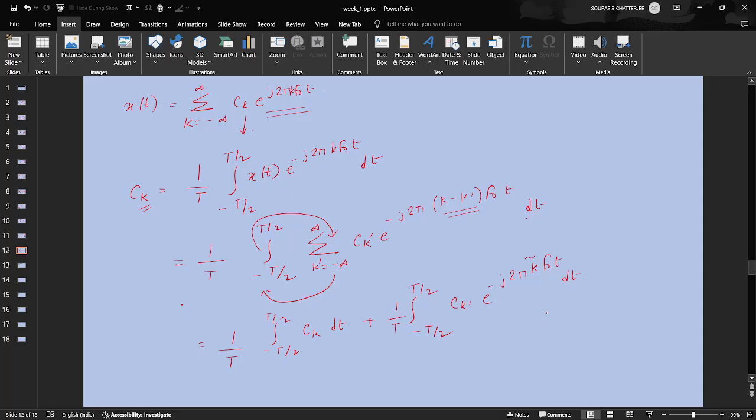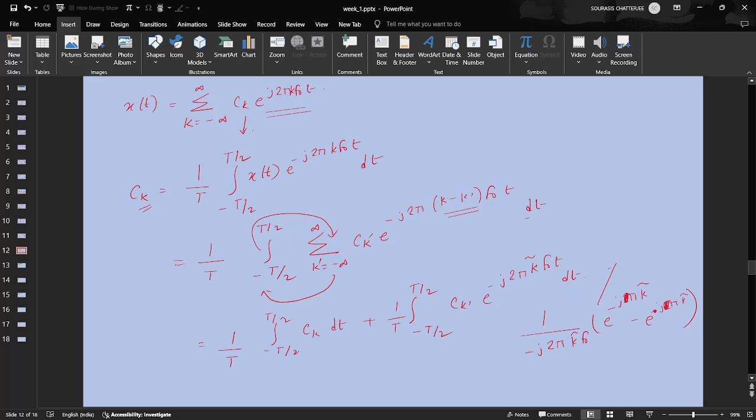Actually, you can integrate and check yourself. It will result in minus j 2 pi k tilde f naught, and inside you will have e to the power minus j 2 pi k tilde f naught t at the upper limit minus e to the power of the same at the lower limit. Sorry, there should not be a 2 here, it will only be pi k, right? 2 pi k f naught t over 2, yes.